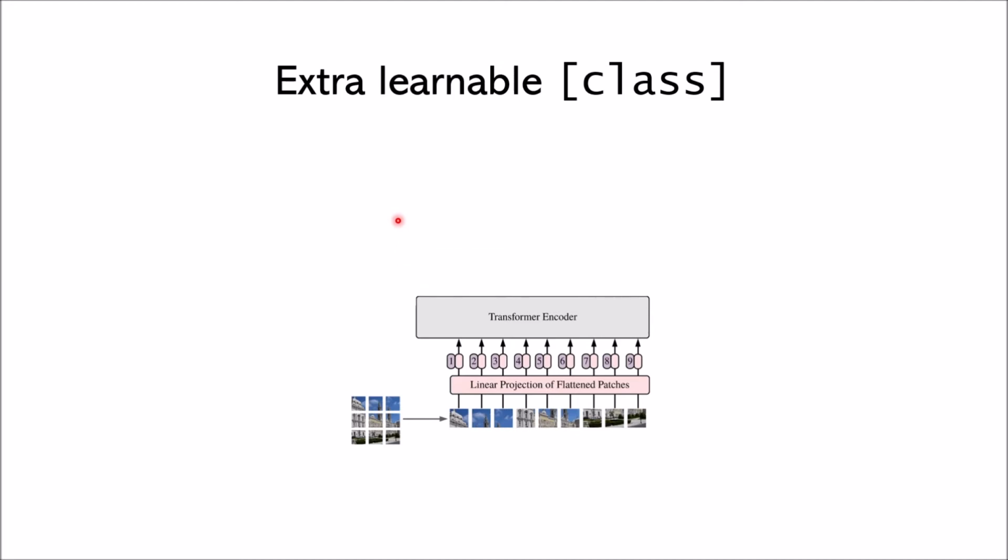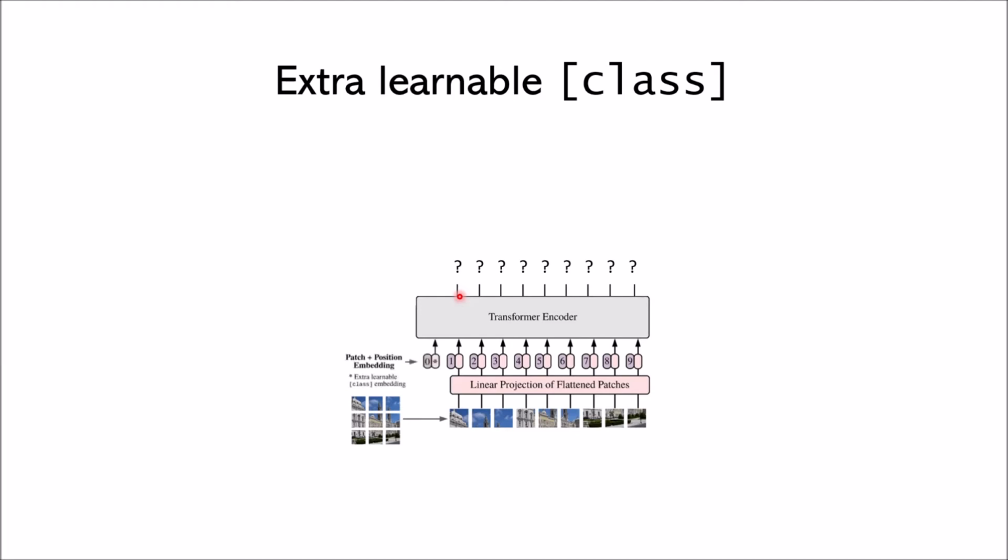And then the second choice is to apply the classification layer on one of the items of the output sequence. But which one? Which one are we going to choose to do the classification?